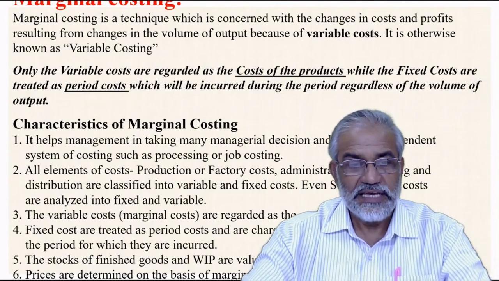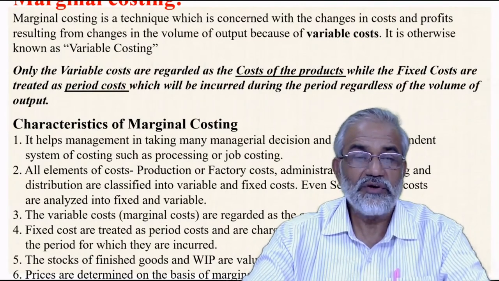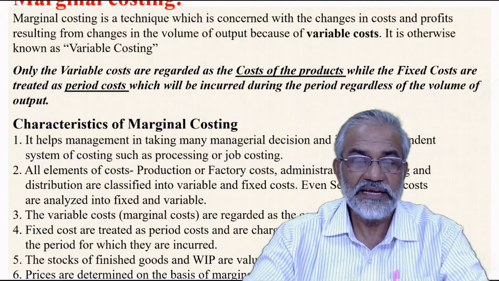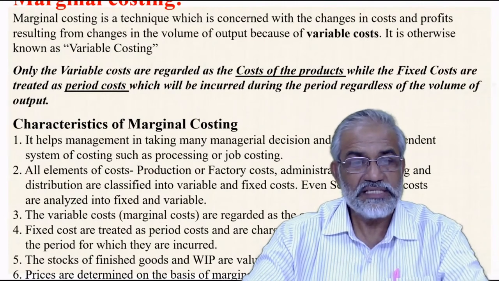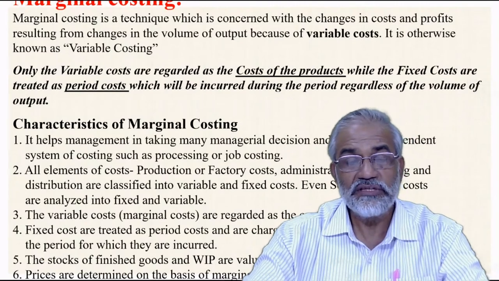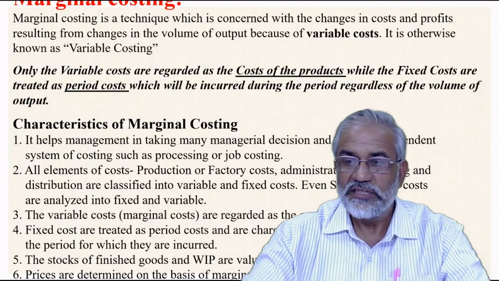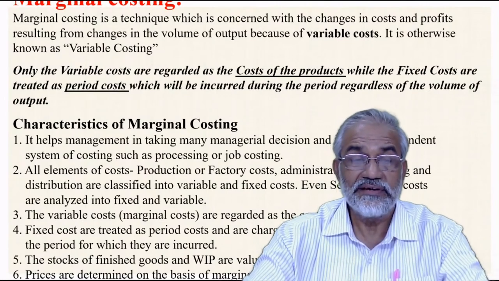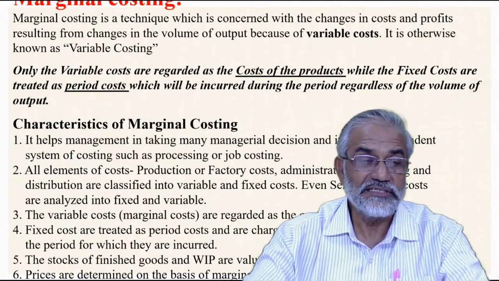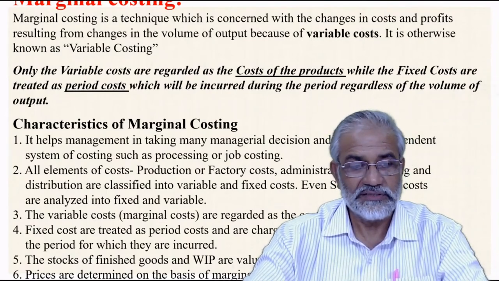But in case of marginal costing, the concept of semi-variable cost is not at all considered. If it is more in the nature of variable, it will be taken under variable cost. If it is more in the nature of fixed cost, it will be taken into the fixed cost. So the semi-variable cost has no significance so far as the marginal costing is concerned. It is only classified as variable cost or fixed cost.